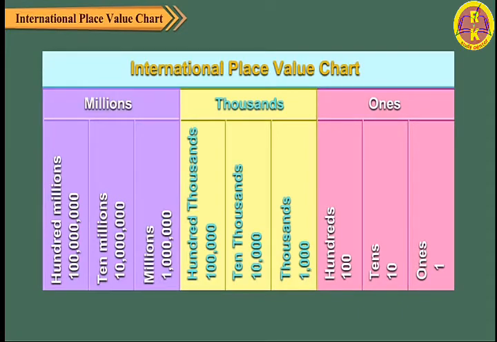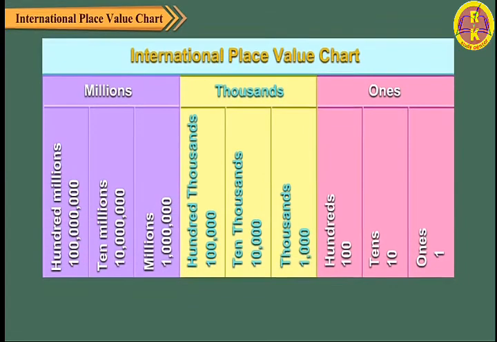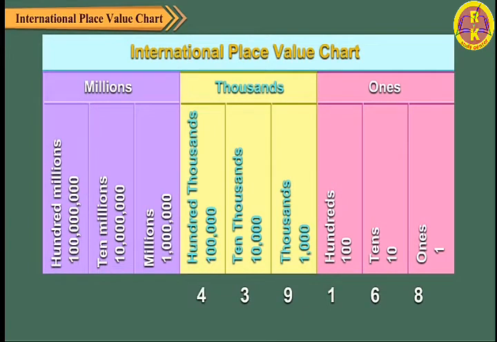We can read and write large numbers in International System of Numeration as we read and write numbers in Indian System of Numeration. While writing a number in International Place Value System, we put commas after every 3 digits from the right. So let us read these numbers using International Place Value System.